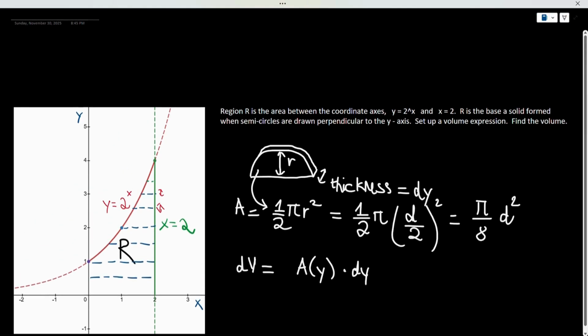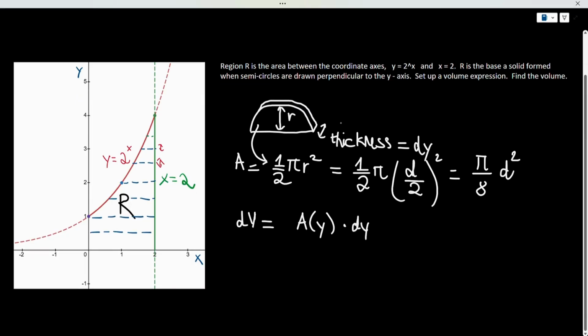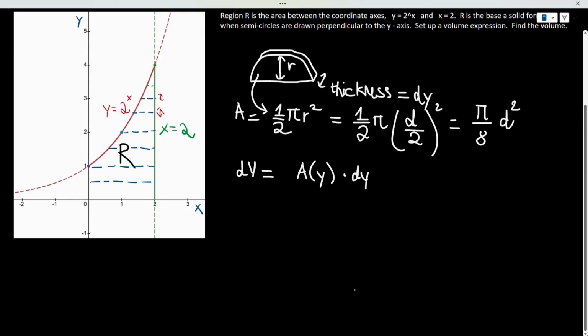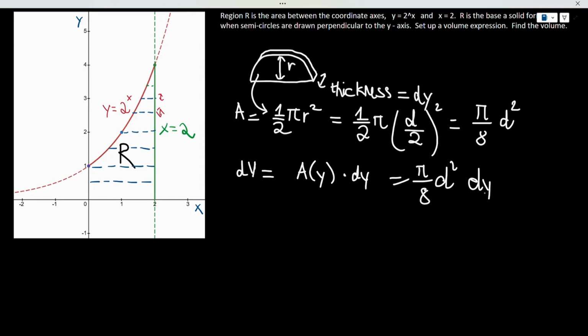Because I'm going to solve it in terms of y, and I already did the thickness equals dy over here, I'm going to make this area function in terms of y also to make the math easier. So our volume element is pi over 8 d squared times dy. So now we just need to find the diameter over here.